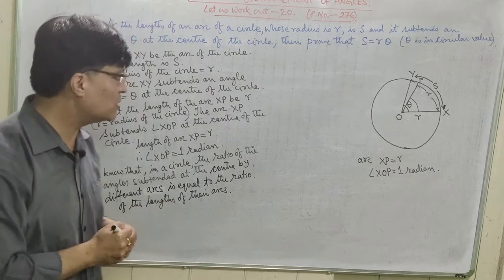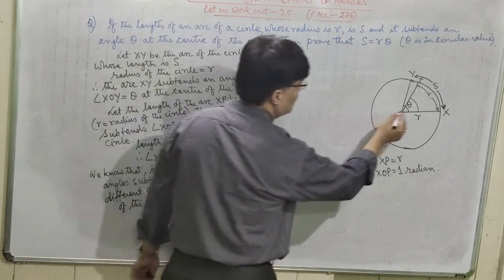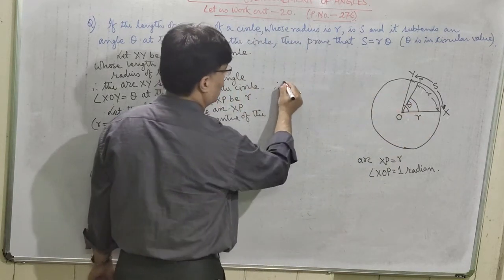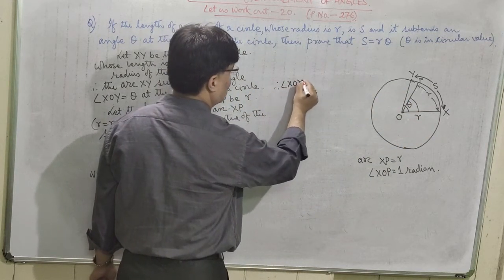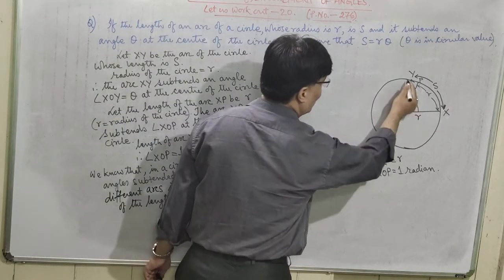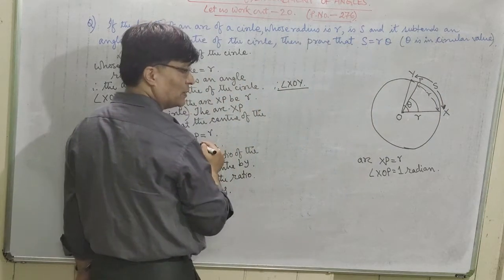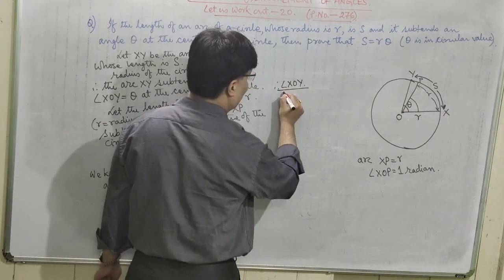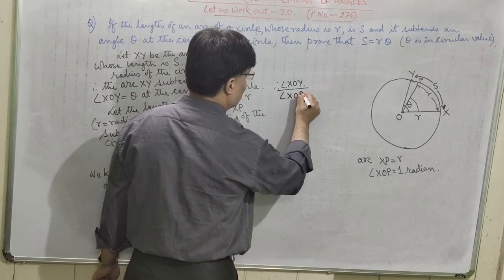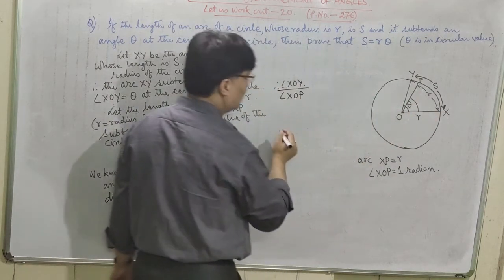Is that clear? That means we can write here, therefore, angle XOY divided by angle XOP. This angle XOY is subtended by the arc XY, and this angle XOP is subtended by the arc XP.